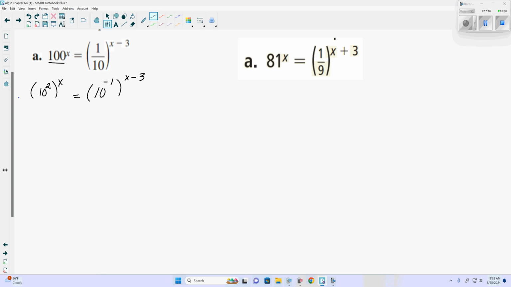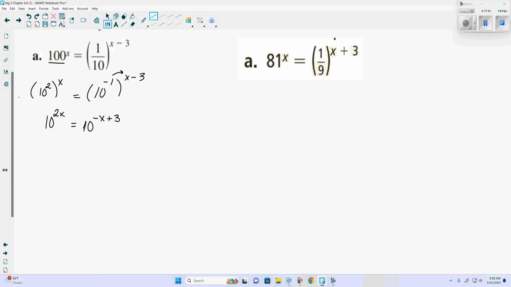Powers of powers multiply. So our 10 squared to the x is the same as 10 to the 2x. Here, we're multiplying our negative 1 and x minus 3. Well, negative 1 times x is negative x. Negative 1 times negative 3 is plus 3.